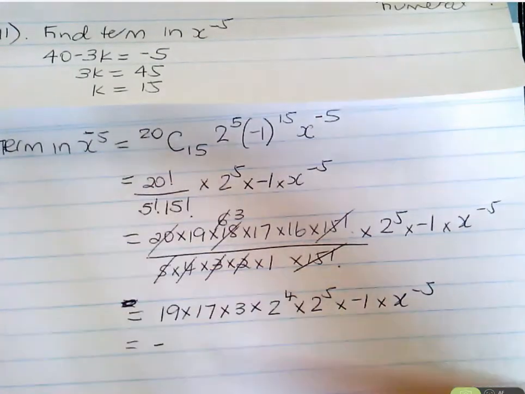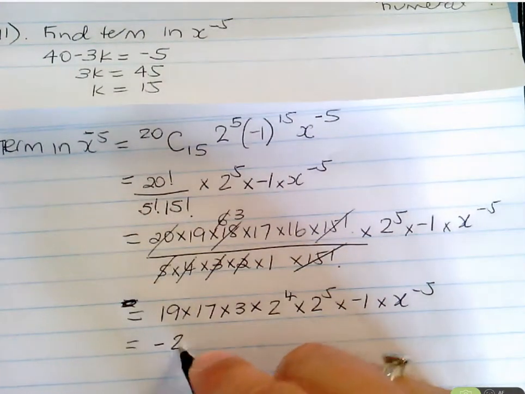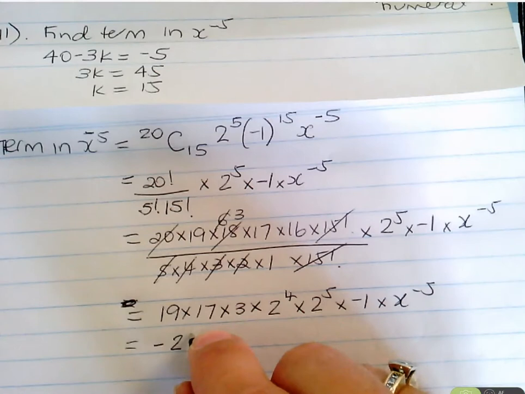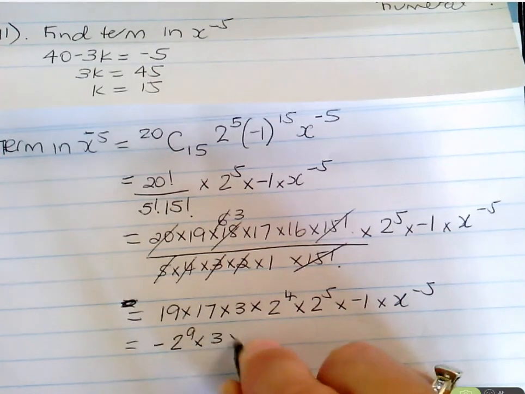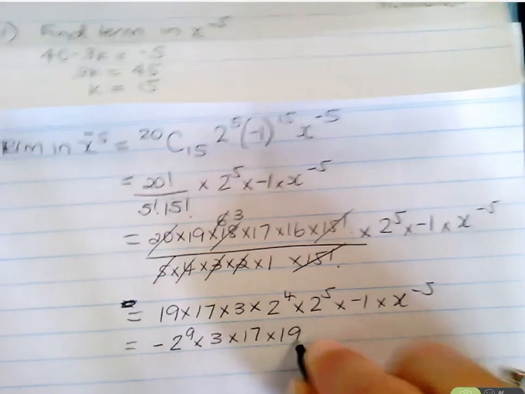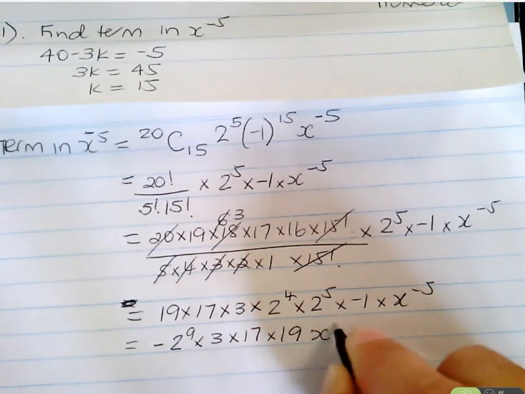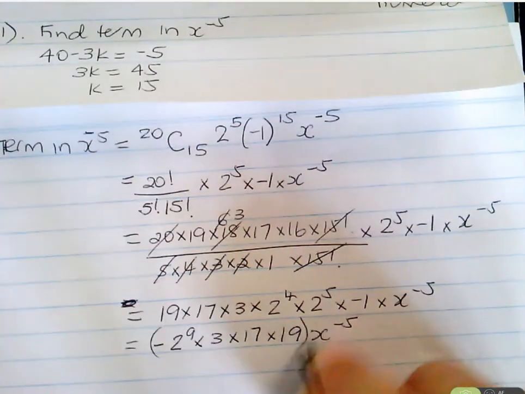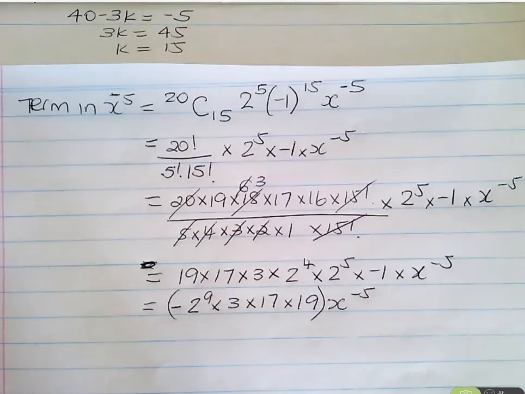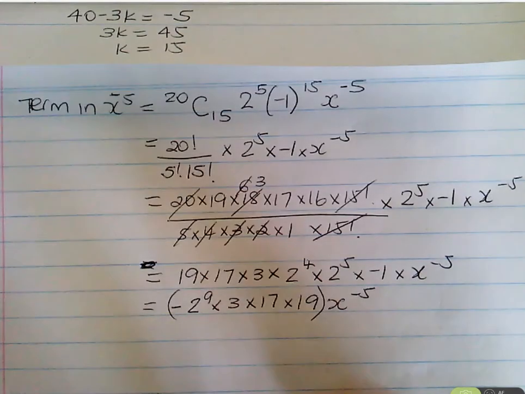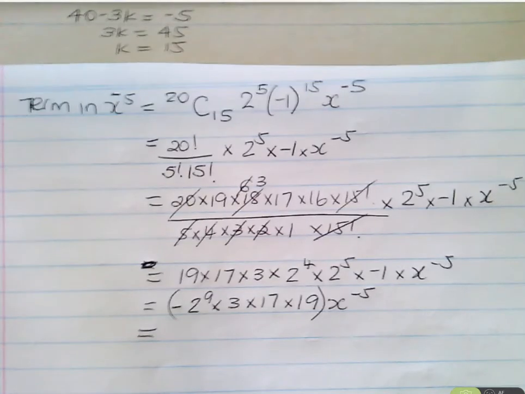So that's going to be negative 2 to the power of 9 times 3 times 17 times 19, x to the minus 5. So that is writing my term as a product of factored primes. And then you can work out what it is.